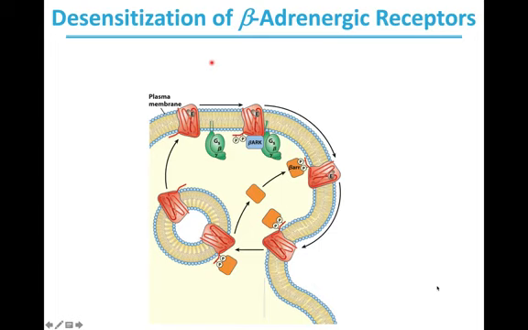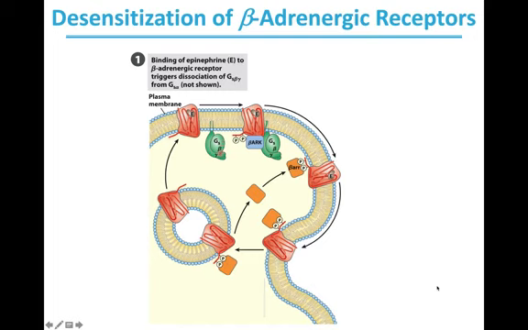So how does this desensitization mechanism work? Originally, when epinephrine binds the beta adrenergic receptor, this triggers dissociation of the G beta gamma subunit from the Gs alpha subunit. Remember, Gs alpha binds GTP and gets activated, and as a result goes on to activate adenylyl cyclase.